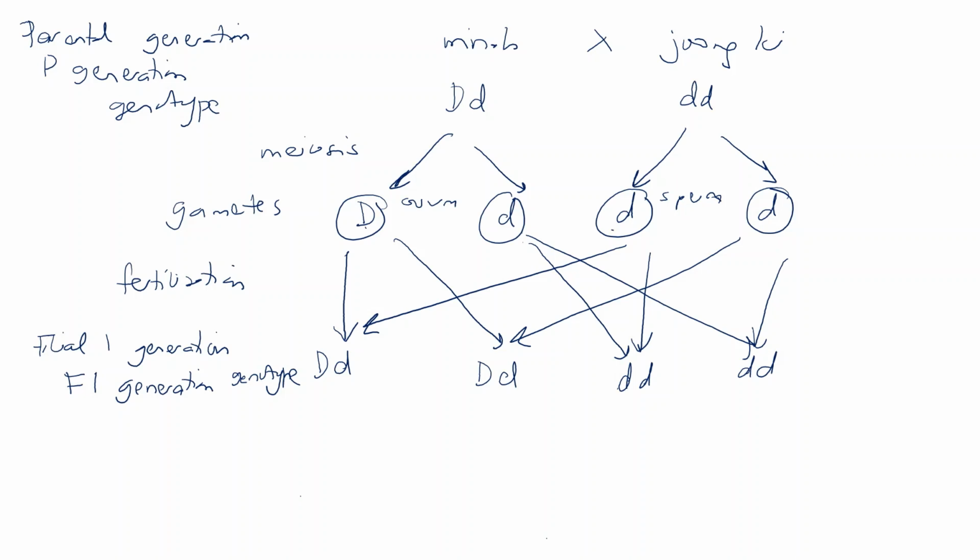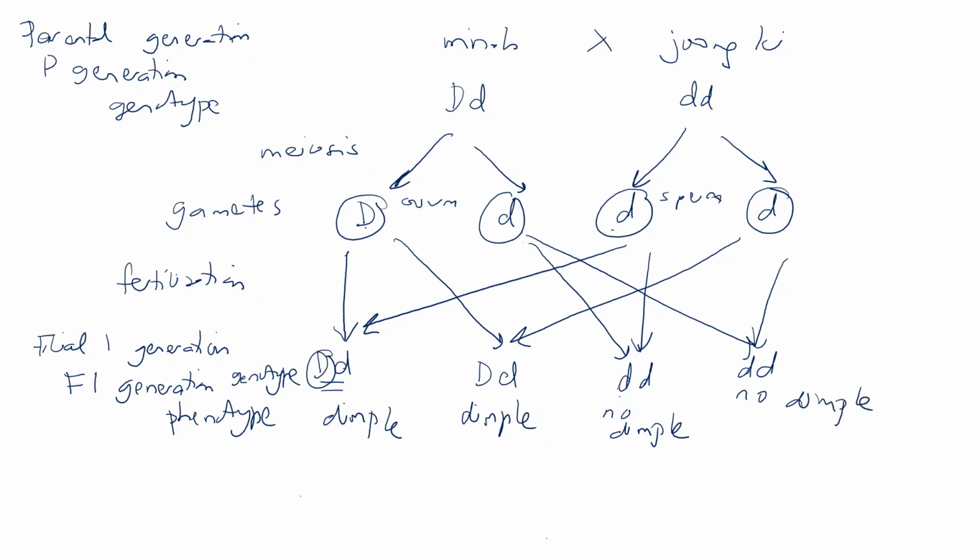What is the phenotype? Phenotype is what we can observe. The first child has the probability of having a dimple, because it has capital D. The second one also has a dimple. The third one, no capital D, no dimple. And the last one also has no dimple.